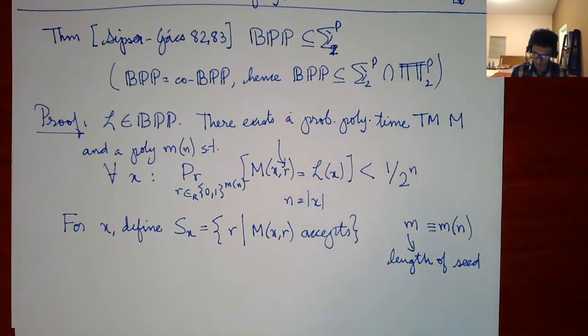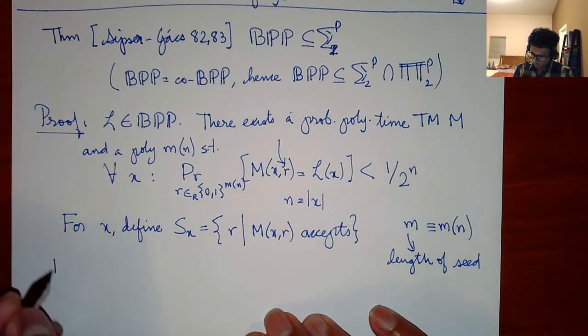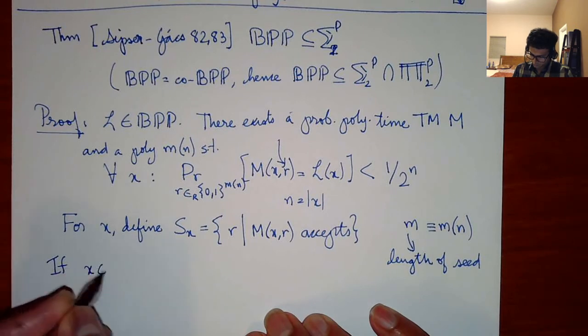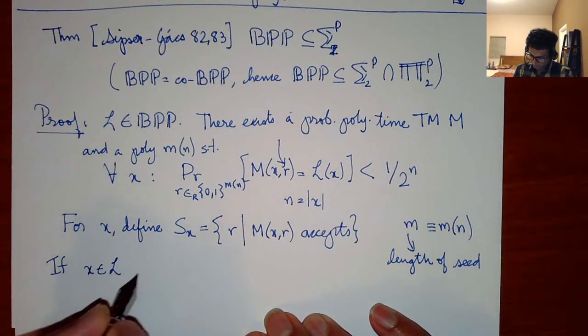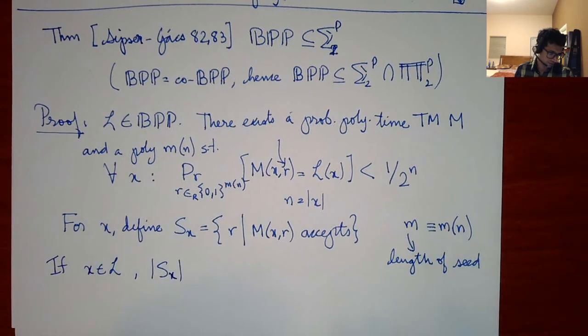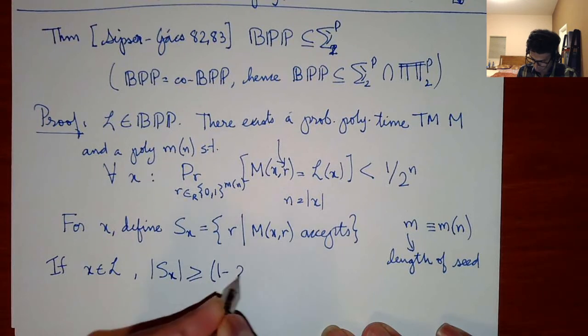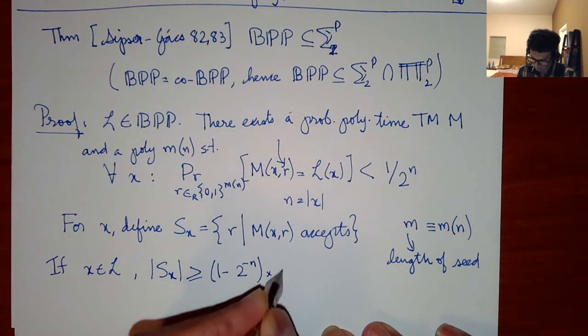It's just some polynomial in n. All right, so what we know is that if x is in L, then the size of S of x is at least 1 minus 2 to the minus n times 2 to the m.